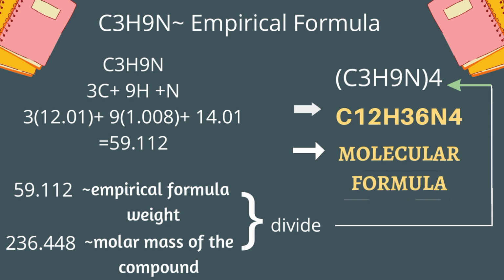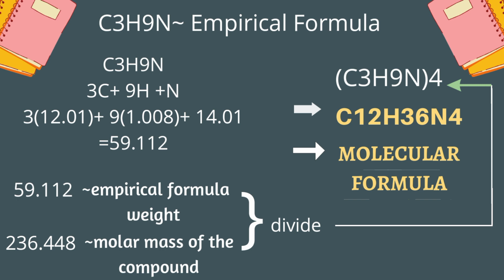So now let's find out the molecular formula for that. The molar mass corresponds to 236.448 grams per mole. So again, we divide the molar mass by the empirical formula weight. We have 236.448 divided by 59.112, that's equal to 4. So therefore, we multiply the subscripts by 4.